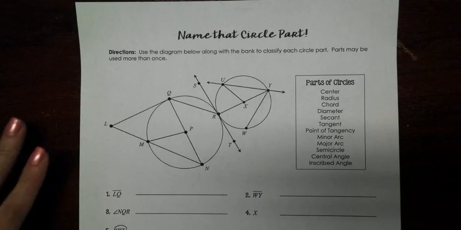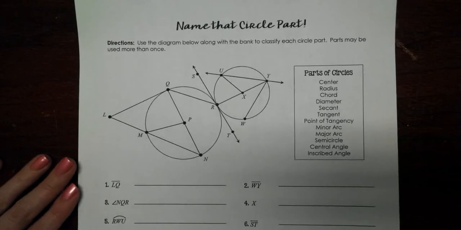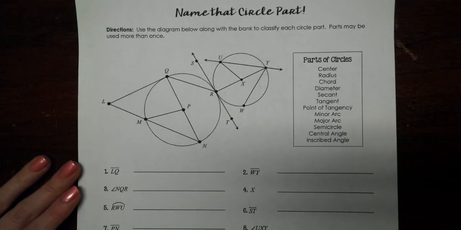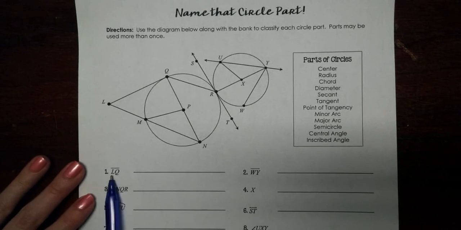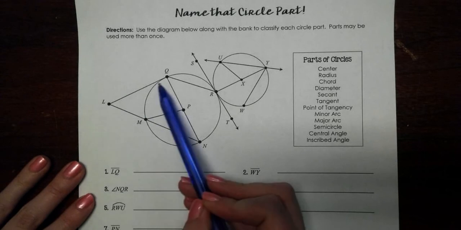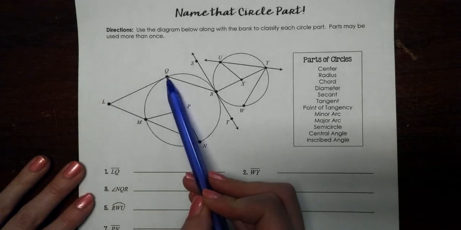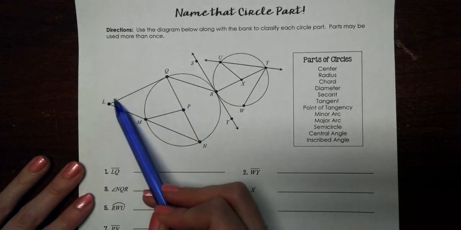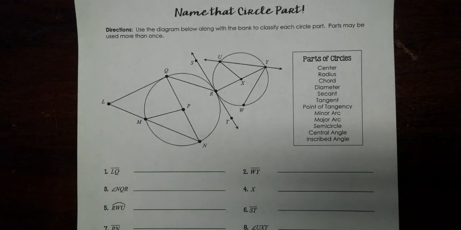You're going to look at the question and then reference the picture and see what it is that that segment or line is. So number 1 tells us to look at LQ, this segment, LQ. So this segment, if you look, it only touches the circle 1 time. So the definition that would match that segment, a segment that touches the circle only 1 time, would be tangent.